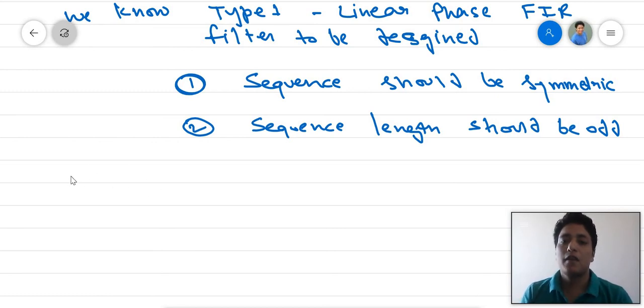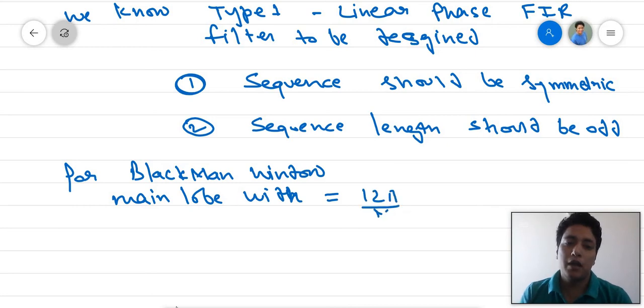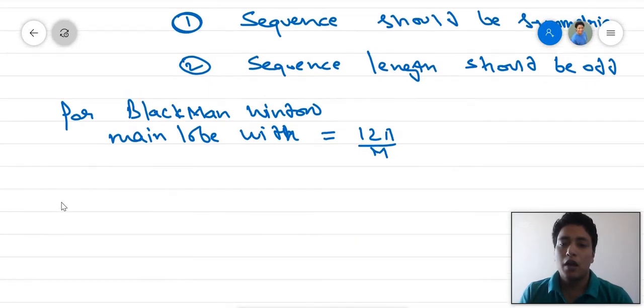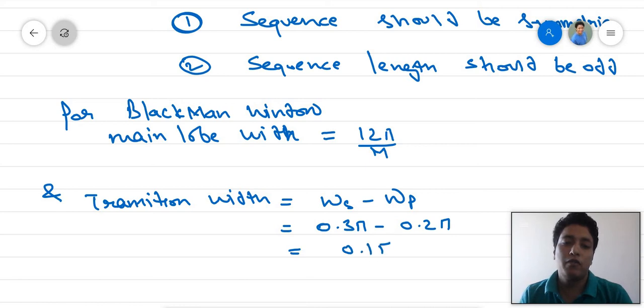Now, for the Blackman window, the main lobe width is 12 pi by M and the transition width is equal to omega s minus omega p, which is 0.3 pi minus 0.2 pi, equal to 0.1 pi.